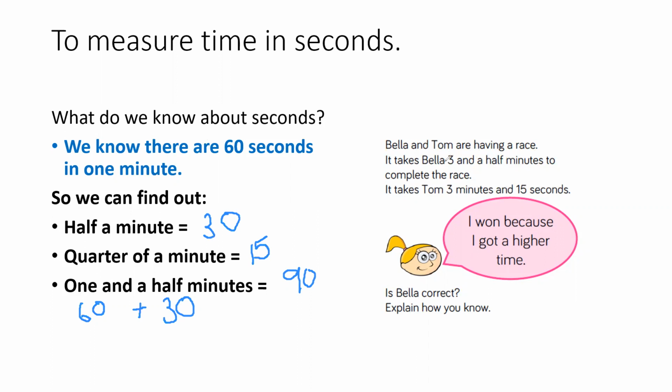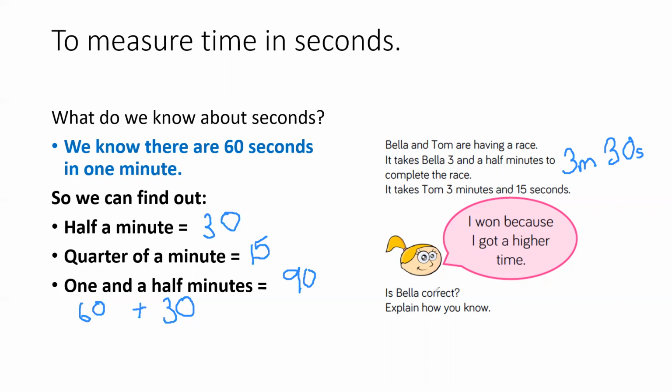So I'm going to convert Bella's into minutes and seconds so it's the same. 3 minutes stays the same, and then half a minute is the same as 30 seconds. So 3 minutes and 30 seconds. Bella says, I won because I got a higher time.